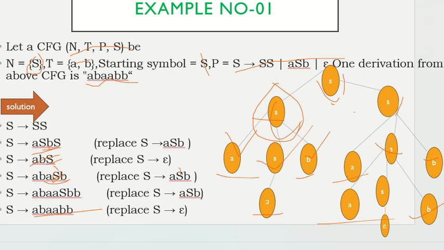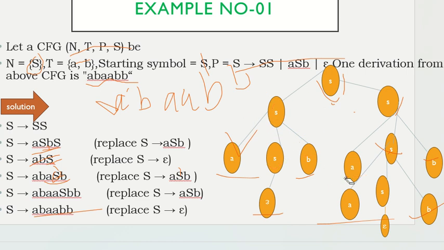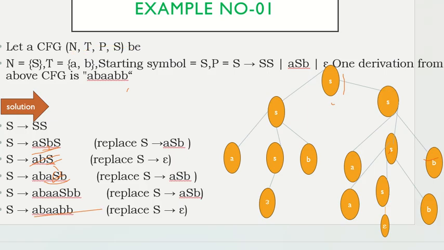And the final string is A, B, A, B, B. The final string is this A, this B, this A, and then B, B.